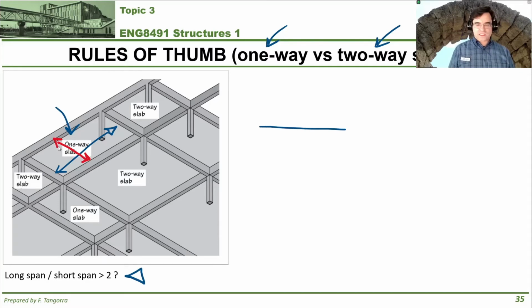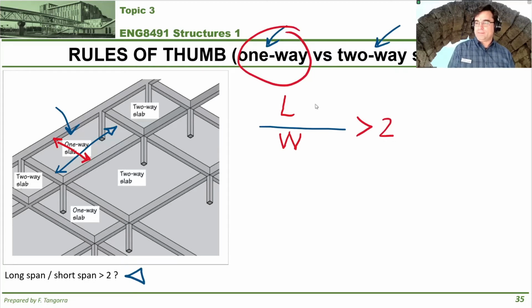So in our case, if we had a slab with a long dimension and a short dimension, if that ratio is greater than 2, then that is considered a one-way slab. If that ratio is less than 2, then that slab is considered a two-way slab.